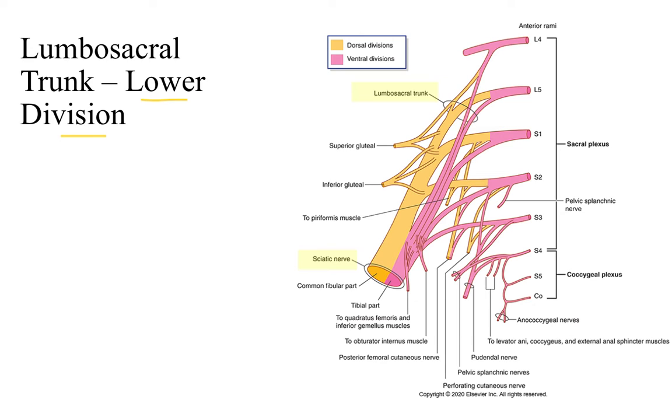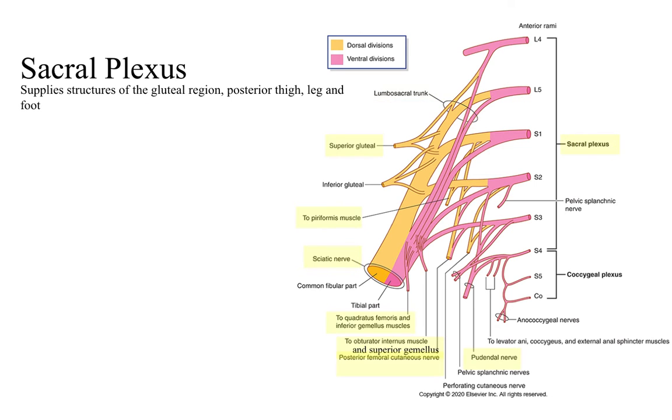So specifically, we see the lumbosacral trunk right here, and it is made up of contributions from a branch coming off of L4 as well as the entirety of L5. So it's just a short region here that then ends up joining up with the rest of the sacral plexus downward.